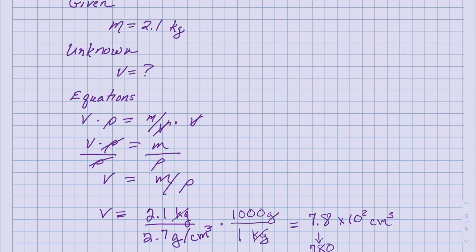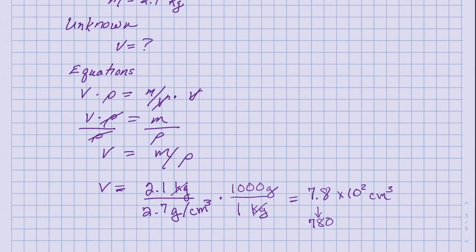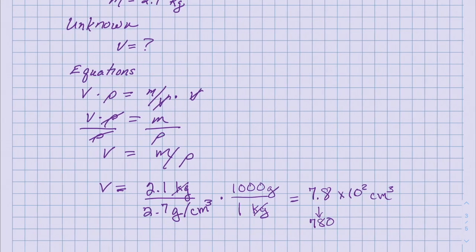One of the questions we might ask, of course, is how many liters, just to give this a little bit more perspective, so that we know that we're taking these cans and we're crushing them into a cube that's roughly 700 cubic centimeters. Well, we'll take this unit conversion one step further.